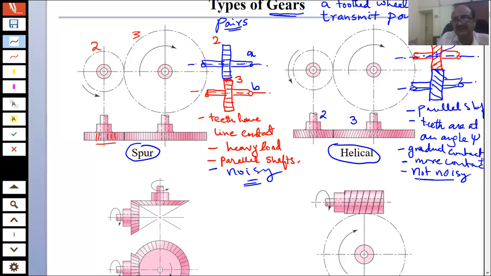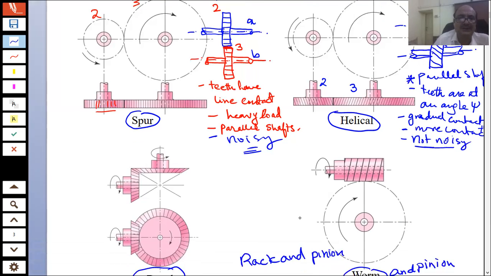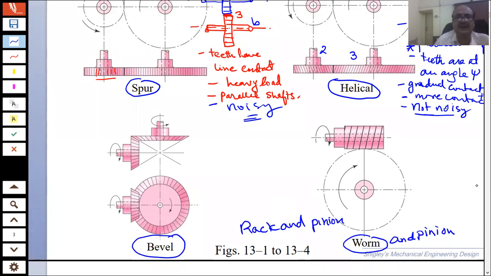Opposite to that, helical gears are not noisy and they are quiet. And again, as we mentioned over here, they are still used for transmission of power between two parallel shafts. Okay.